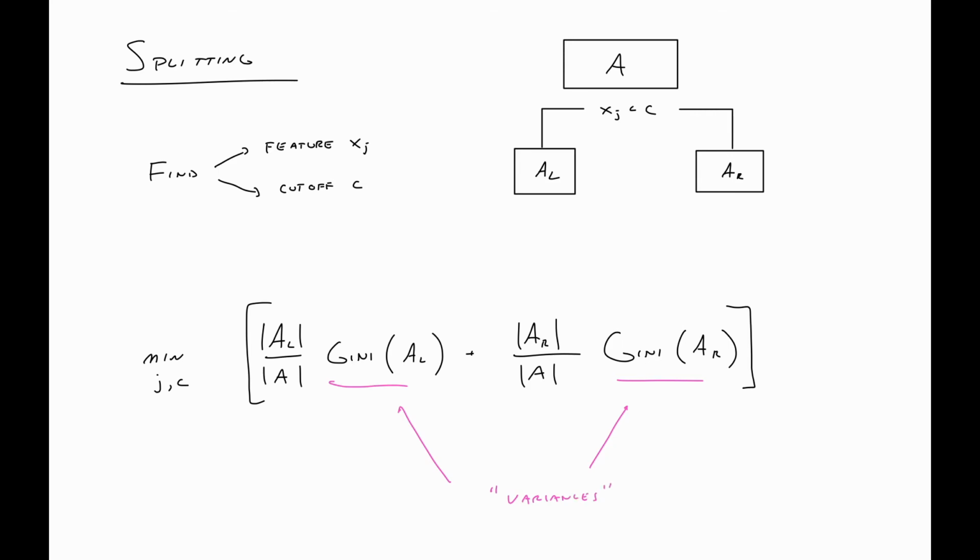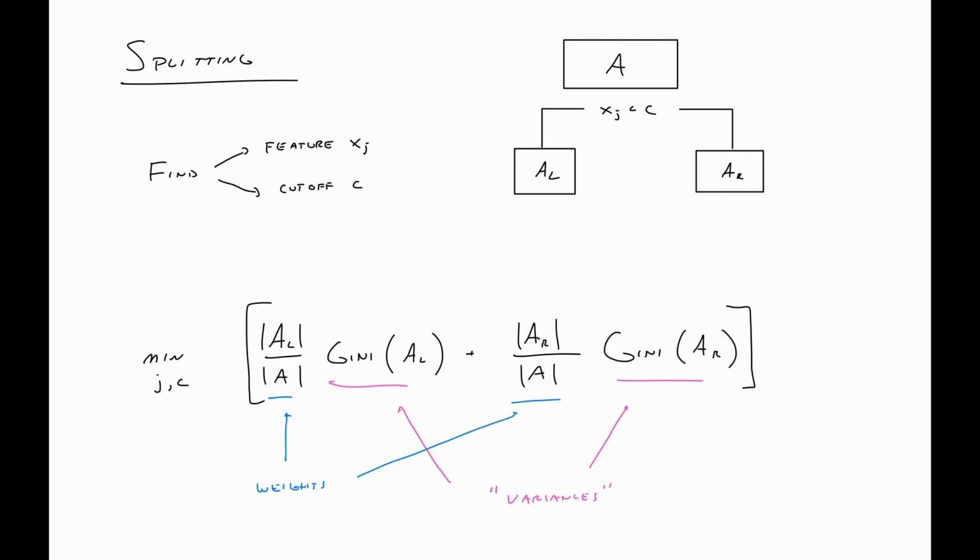But there's this term out in front here and here. And what this is, for example, the one on the left, is the size of the left node divided by the size of the original node. So we're seeing what proportion of the new values end up in that left node. So I would call those weights. Because we want to worry more about a node that has more observations in it.